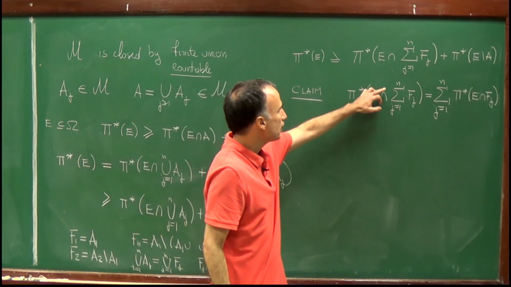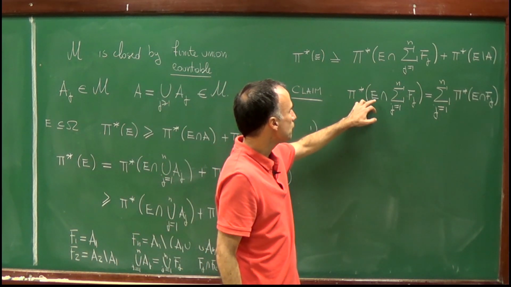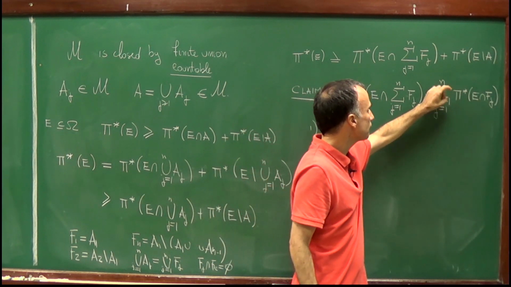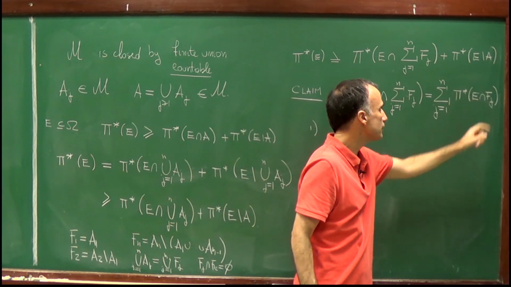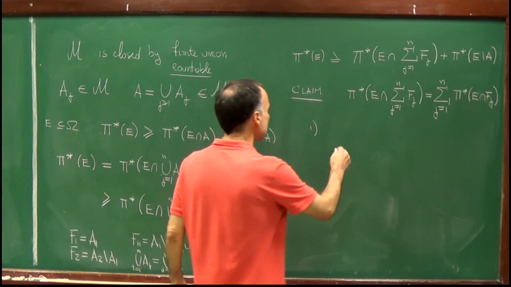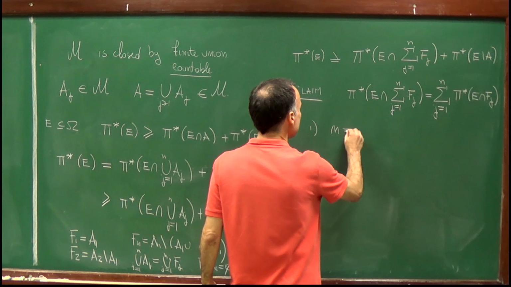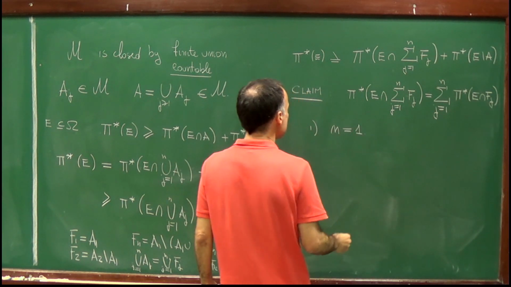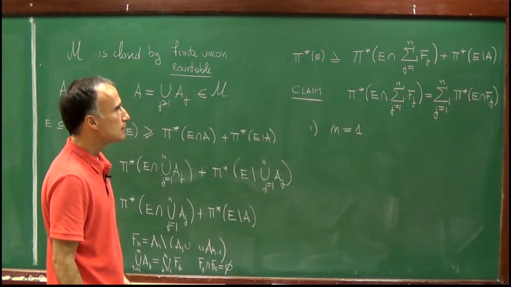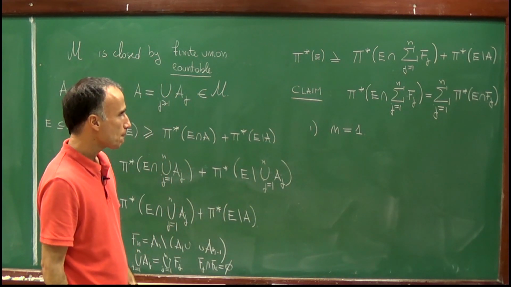So let's start with n equal to 1. For n equal to 1, we have here on the left-hand side E intersection F1. On the right-hand side, we have E intersection F1. So it's a tautology. So this identity clearly holds for n equal to 1. So now let's assume that it holds for n, and let's prove it for n plus 1.